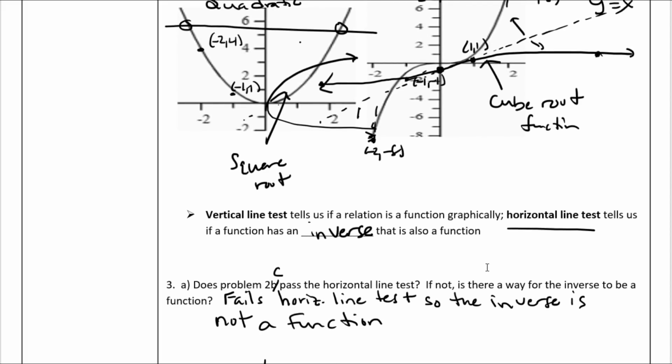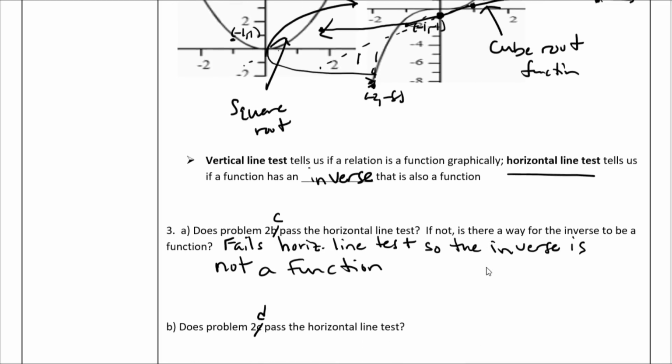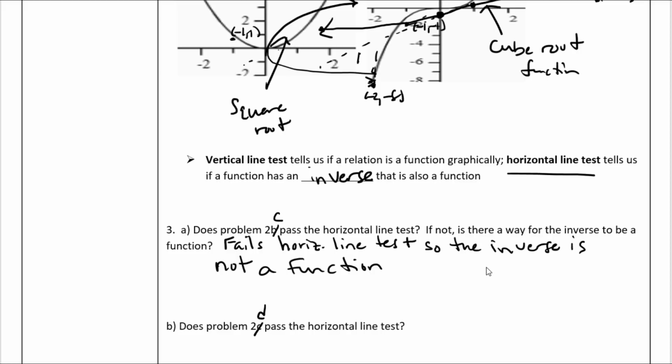If not, is there a way for the inverse to be a function? Well, the only way for the inverse to be a function, and I'll quickly draw it here, is if you cut it in half and you have just this part of the function. Then it'll pass the horizontal line test because it'll only cross it once.